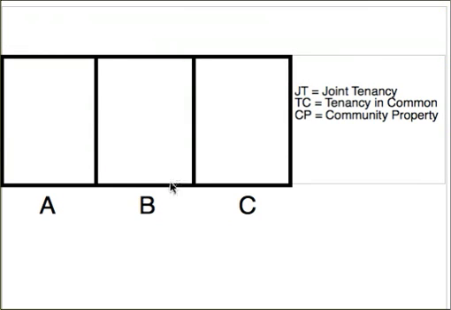So, for example, if you have joint tenants A, B, and C who own a house, and tenant A dies, B and C end up being each 50% owners in that particular home, if the property held is a home. So that's called the right of survivorship.